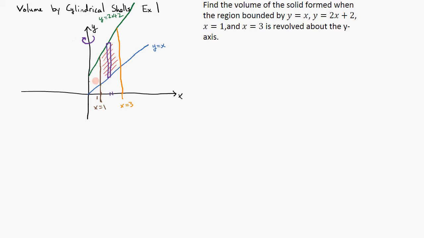So if I take the cross-section and rotate it around the y-axis, it'll look like this. And we see what happens is this becomes a cylindrical shell. So this tells us we want to use the shell method.